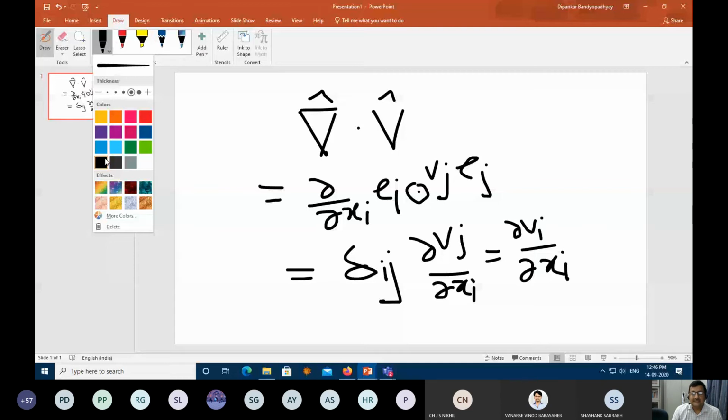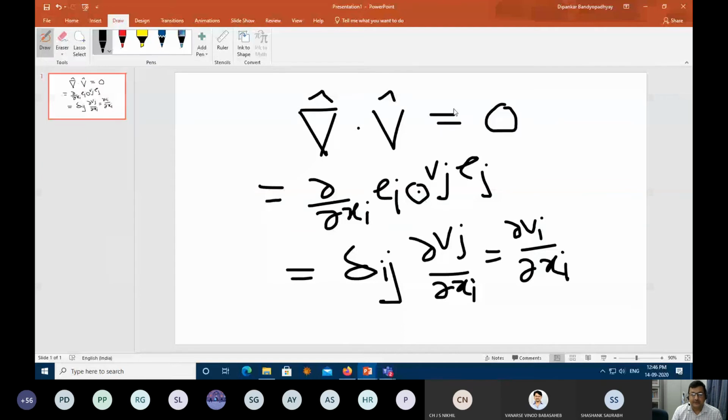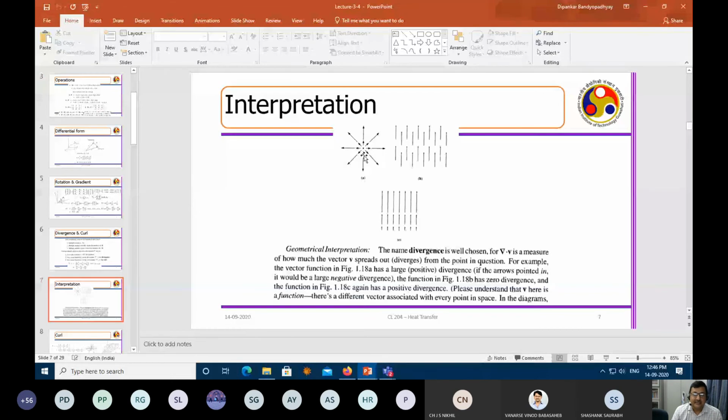It means that, suppose you have a velocity field, these vectors, the length of the vectors are not changing. They are uniform. Now, if this is not equal to 0, then you may see a situation like this. Along a streamline, you may see a change in the length of the vector.